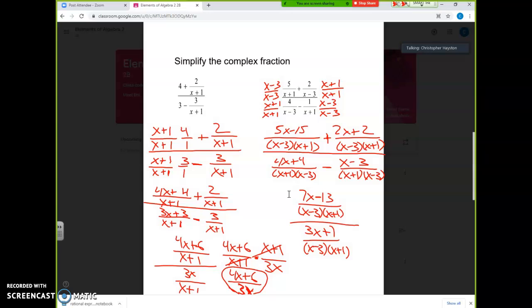And then with these complex fractions, we keep, change, flip. 7x minus 13 over x minus 3, x plus 1 times x minus 3, x plus 1 over 3x plus 7. These cancel, and the answer is 7x minus 13 over 3x plus 7.